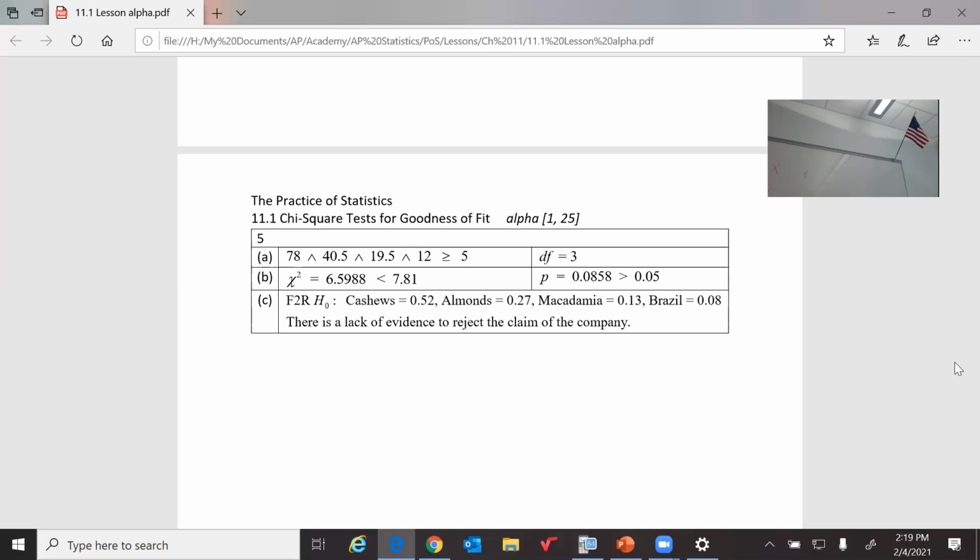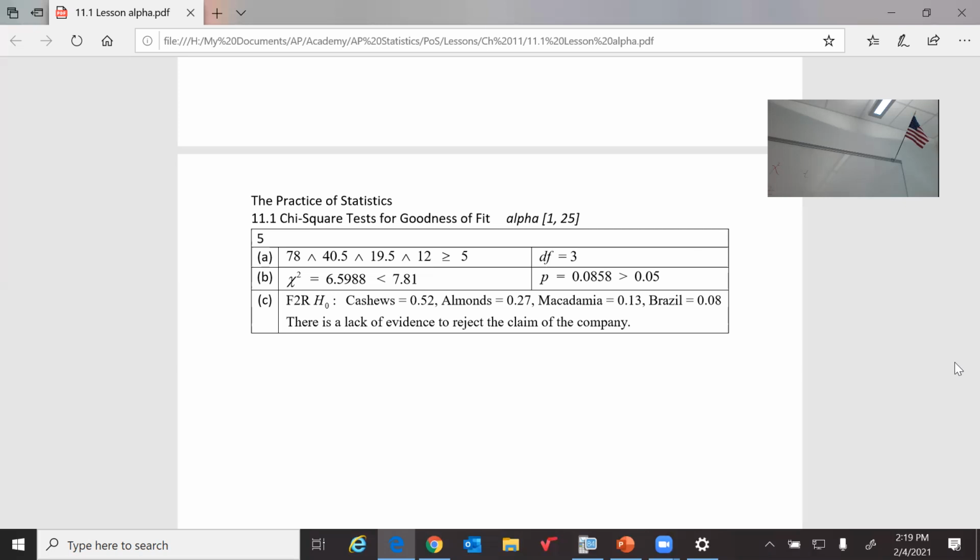The probability that we got what we got by chance alone, if null had been true, is 8.5%. But 8.5% is not statistically significant. There was a lack of evidence to reject the claim of the company.